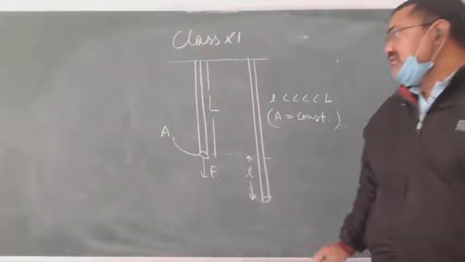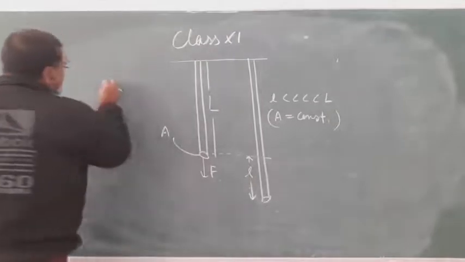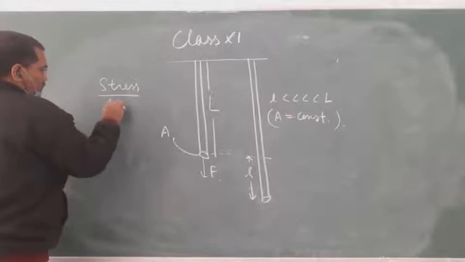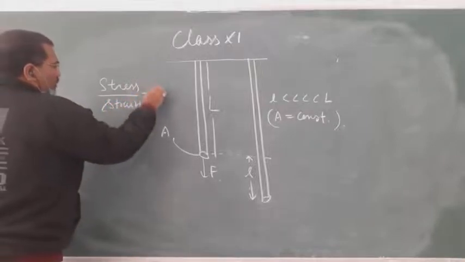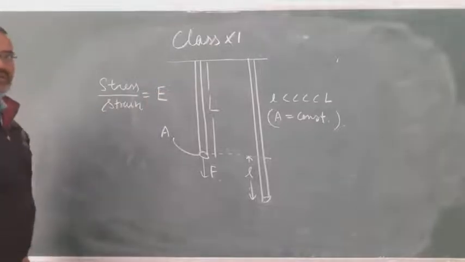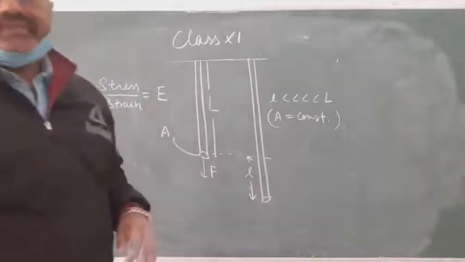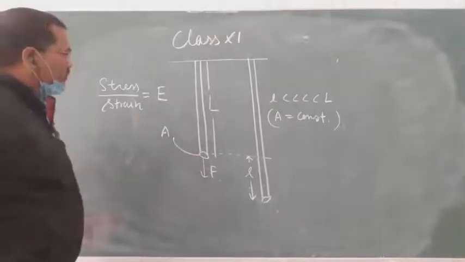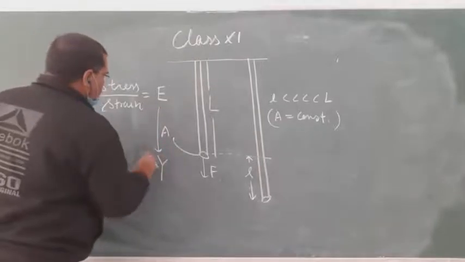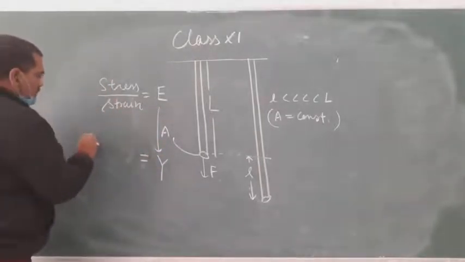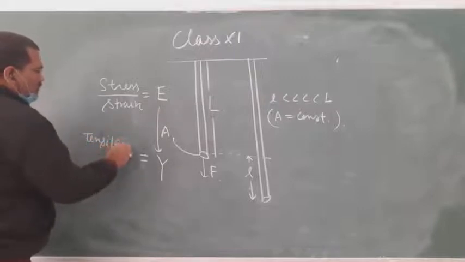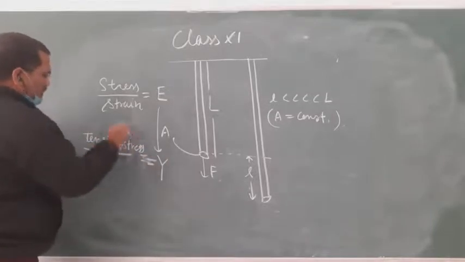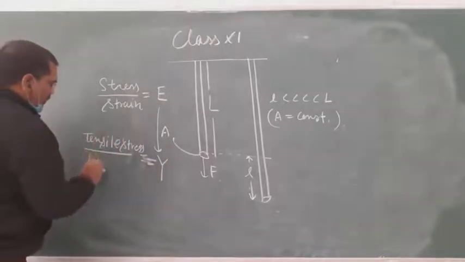As we know, we have already told you that stress upon strain is called elasticity. This is the general formula for elasticity. So in terms of linear body, elasticity converts into Young modulus of elasticity, and stress is converted to tensile stress, and strain is converted to longitudinal strain.